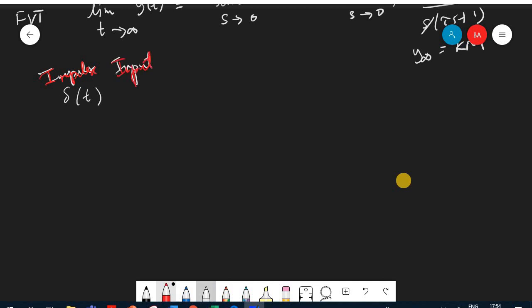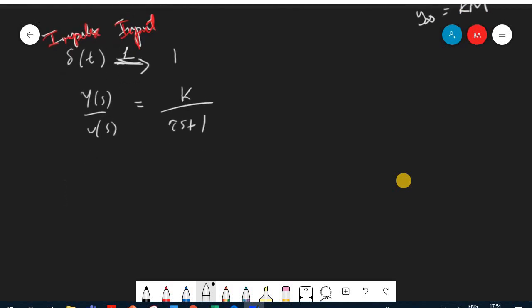And this impulse input, the Dirac function, if I take that Dirac function into the s domain, it will be 1, and this is what we have said. So if I have a generic system, again y of s over u of s, which is a first order process, and I want to substitute the input as 1. So my input is an impulse input, so u of s is equal to 1.